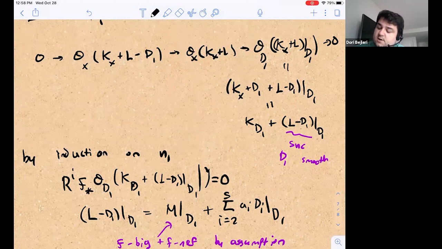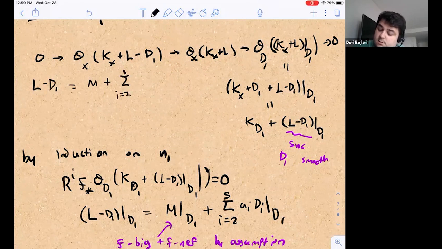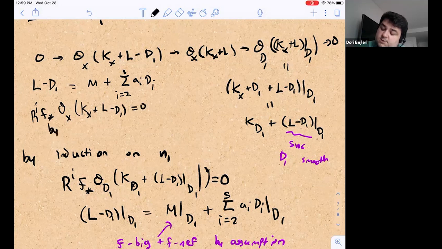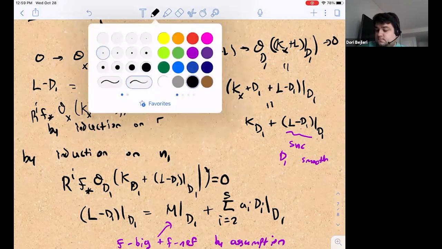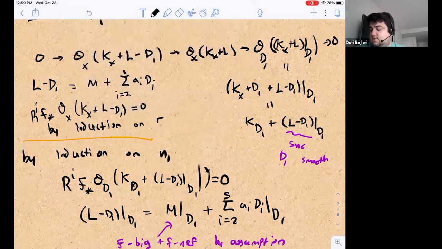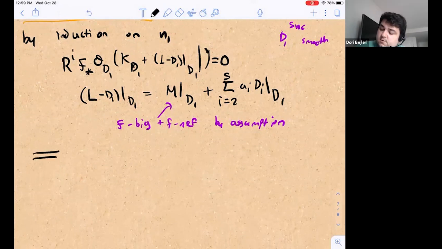So now here we use the induction on R. So L minus D_1 is M plus something with one less divisor, and so R^i f_* O_X of K_X plus L minus D_1 equals 0 by induction on R. Okay, and so then the thing in the middle by the long exact sequence also vanishes.